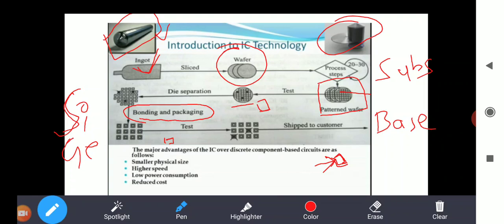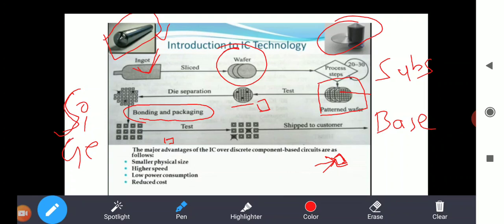The major advantage of the IC over discrete component based circuits: what are the discrete components? Generally we use resistors, capacitors, transistors in a general circuit. We call it a discrete circuit.